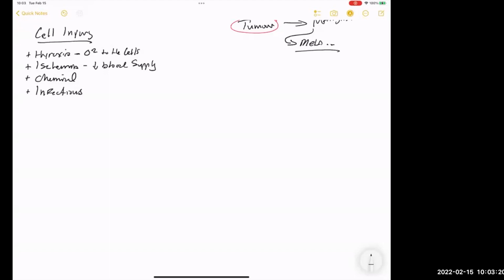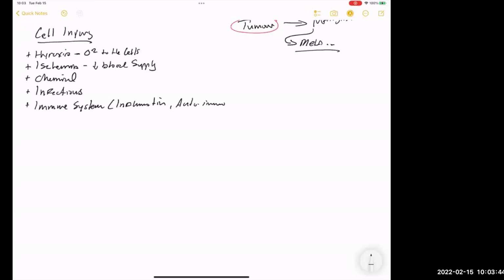You can have the immune system. Often this is due to prolonged inflammation. And sometimes this can even be due to what's known as a hypersensitivity reaction or an autoimmune disorder.